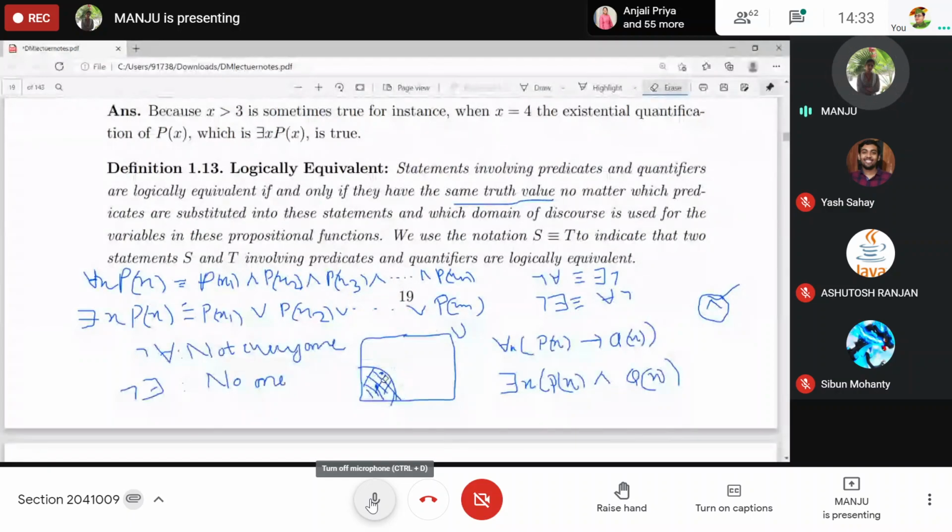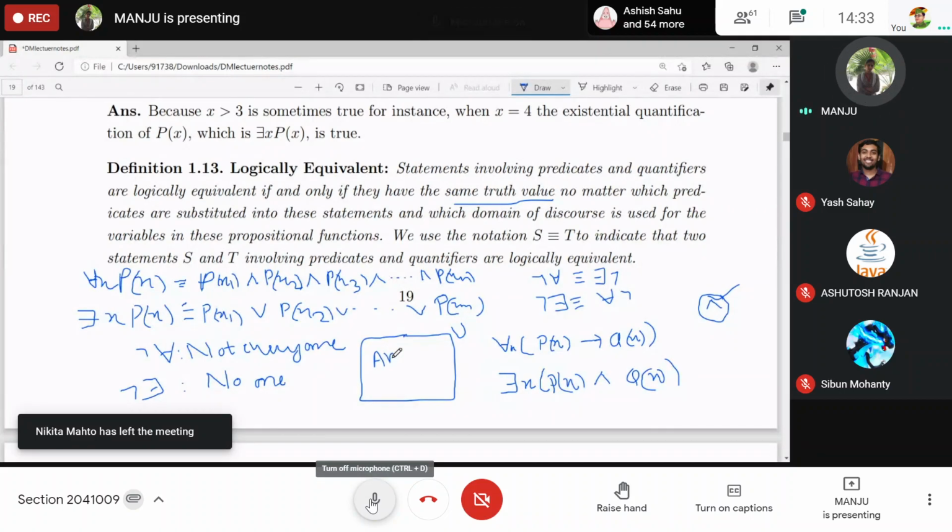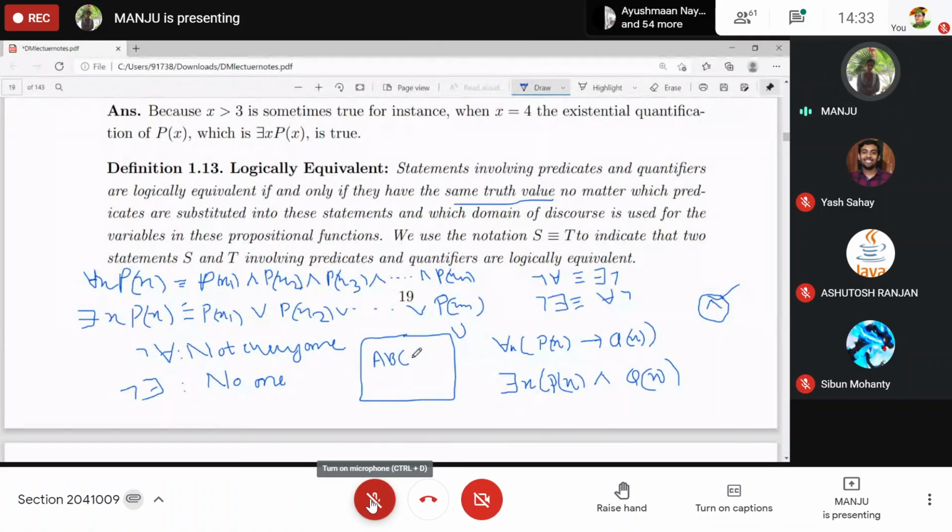Implication means those students are in your class, according to your example. Those students, for example, ABC, three students you are talking about. So you are saying some students in this class have not taken the discrete mathematics course. About which students are you talking?